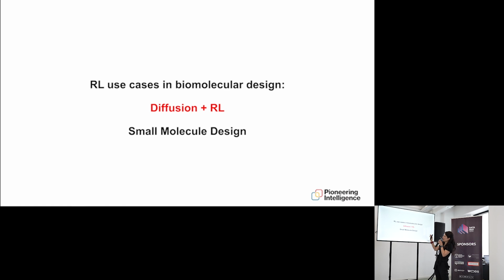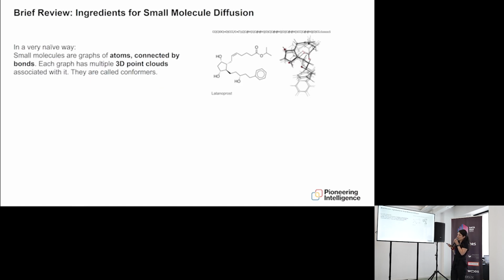So here I want to talk about small molecule design and using RL on diffusion there as well. So a brief review on what small molecules are and what you have to do to run diffusion as a generative policy for small molecules. If you have never dealt with small molecules before, a very naive but helpful way to think about what a small molecule is, it's a graph of atoms that are connected by bonds.